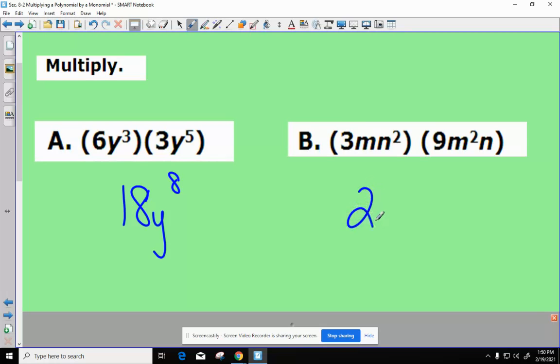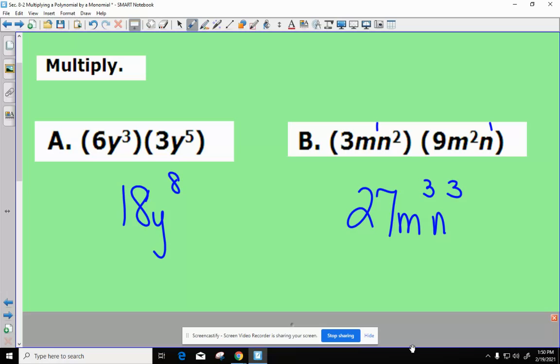Now for the variables, I take those powers and I add them. So m to the 3rd, because you have 1 here and you have 2 there. And then the n's also to the 3rd. You have 2 in the first one and 1 in the second one. So n to the 3rd.